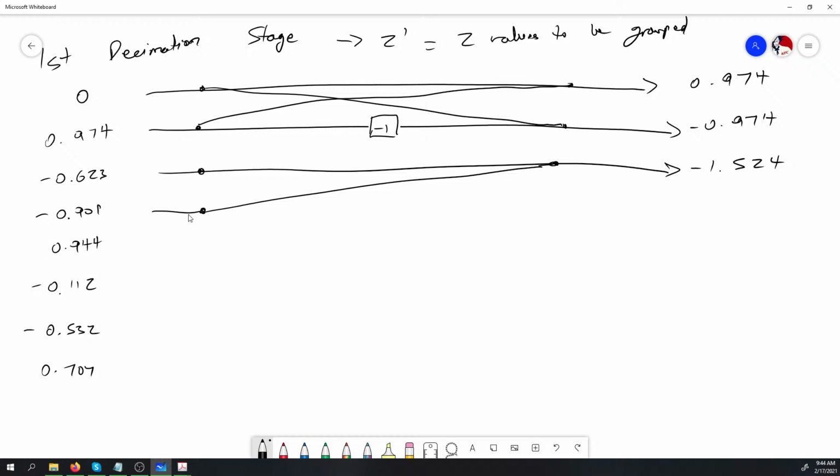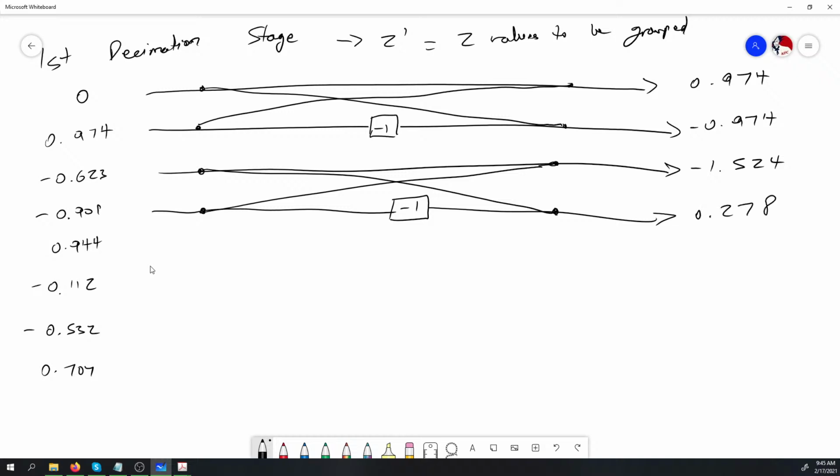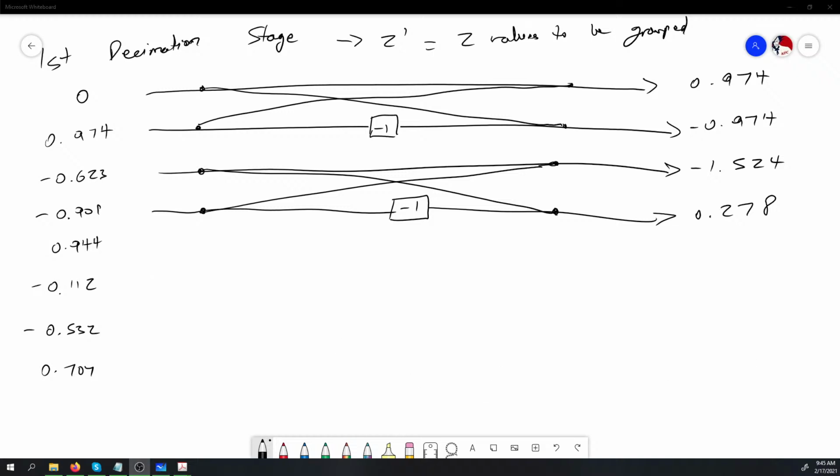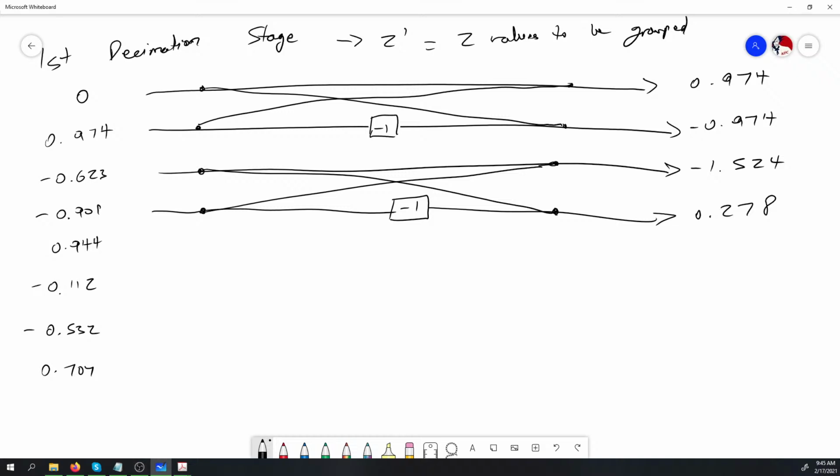And then similarly here, we can have negative 0.901 multiplied by -1. And then we have this negative 0.623 coming across here as well, added. So this means negative 0.901 by -1, which is positive 0.901, minus 0.623, which will give us a result of 0.278. And we repeat the process as we keep on going for each pair of values for our first decimation stage.